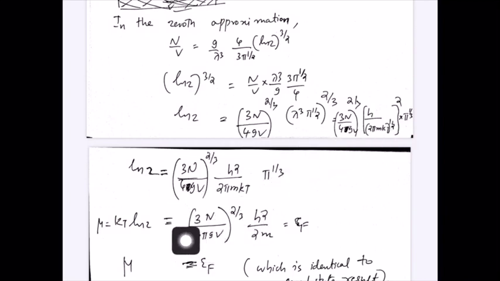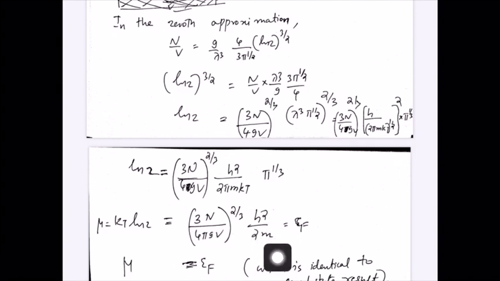Once we have found log Z, we find mu is kT log Z. We have used this equation at several places: Z is exponential mu over kT, so when we take log Z, we get mu equals kT log Z. So we multiply this with kT to obtain mu.